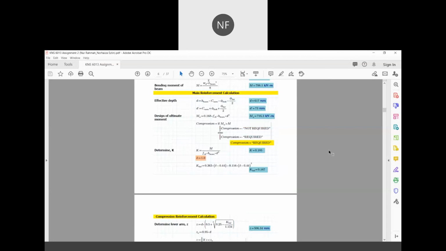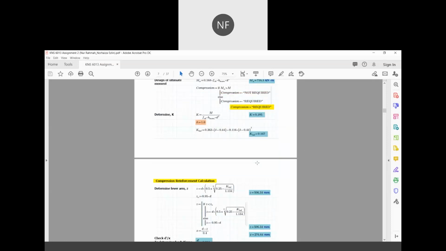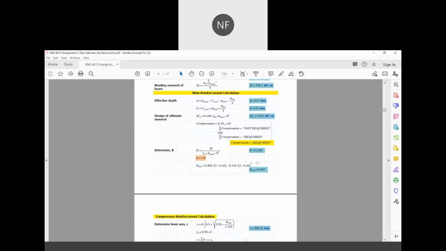And here's the ultimate moment, using the formula 0.167 multiplied by the concrete strength, multiplied by the width of the beam, and then multiplied by the effective depth squared. The ultimate moment is equal to 716.3 kilonewton meter. Based on the condition here, the design ultimate moment is less than the bending moment of the beam, so the compression is required.